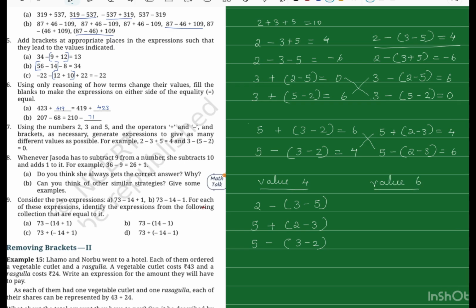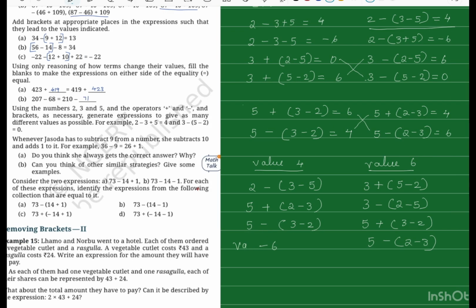For value 6, we have the expressions 3 plus 5 minus 2 and 3 minus 2 minus 5 and 5 plus 3 minus 2 and 5 minus 2 minus 3.